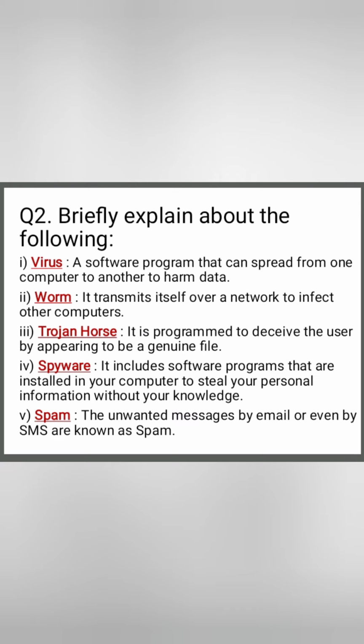It can also steal your personal information. Next, spyware. It includes software programs that are installed on your computer to steal your personal information without your knowledge. Next, spam. These are unwanted messages by email or even by SMS.